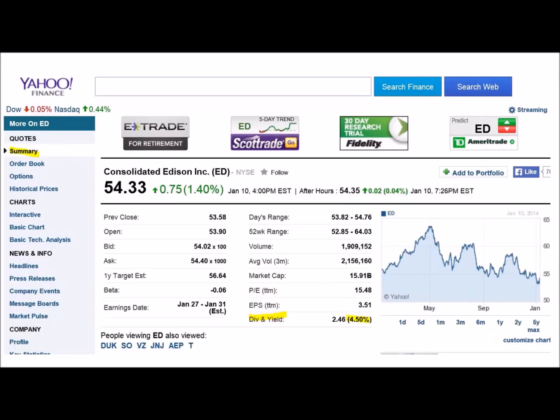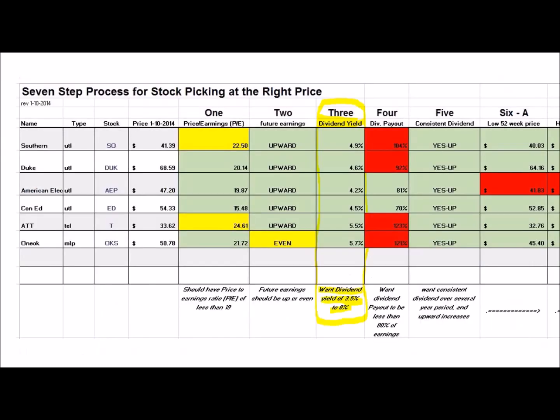Then we go back to the summary and look at the dividend yield. The dividend in this case is $2.46 a year. The yield is 4.5%. So our form shows under dividend yield 4.5%, and we want a dividend yield of 3.5% or better, because 3.5% is inflation.